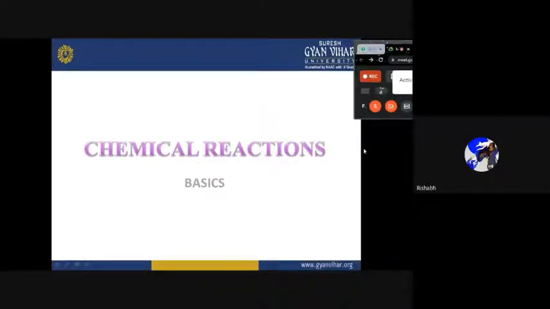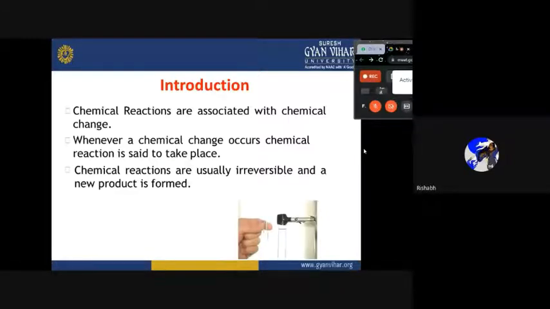Chemical reactions are associated with chemical change, right? The change is due to the reactions that take place between the chemicals or in the chemicals. Whenever a chemical change occurs, a chemical reaction is said to take place. Chemical reactions are usually irreversible and a new product is formed.